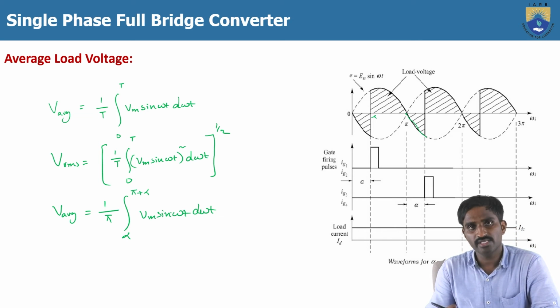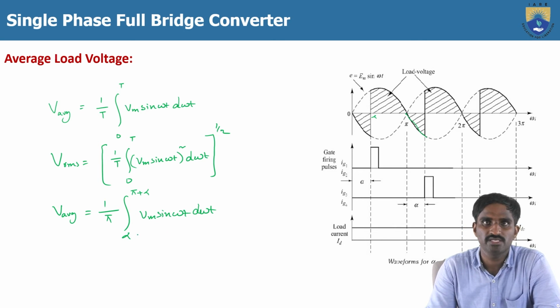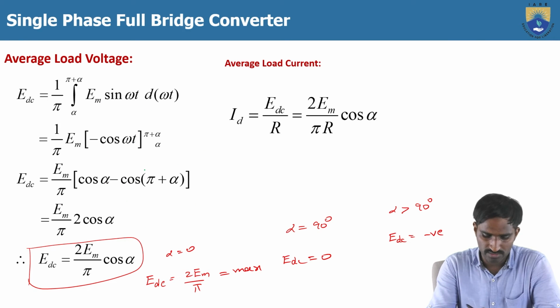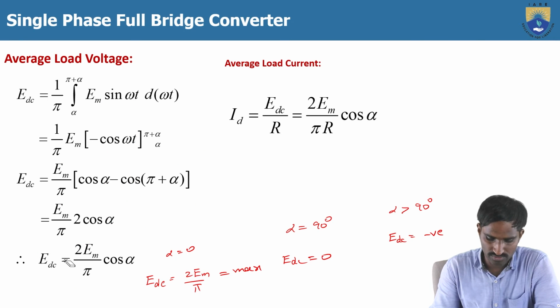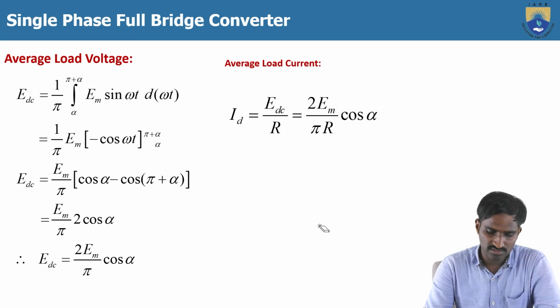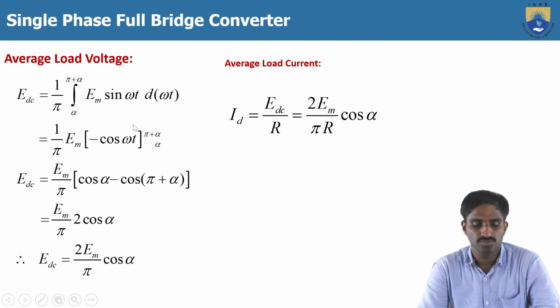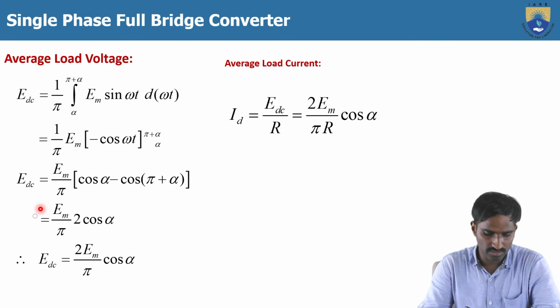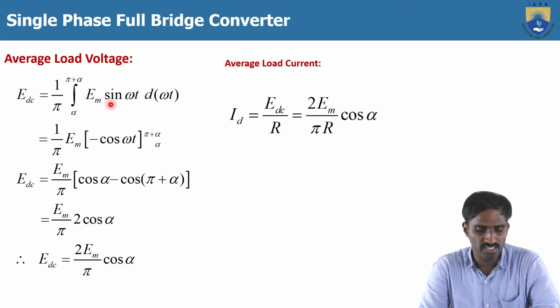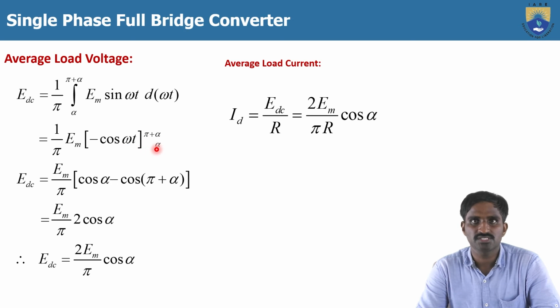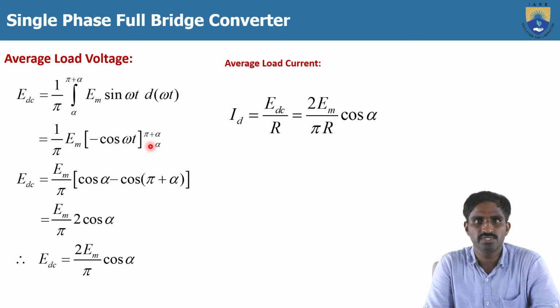Then the integral of sin omega T is minus cos omega T. Then you can just apply the integral limits. So now 1 by pi into integral alpha to pi plus alpha Em sin omega T into d omega T. Here the integral of sin omega T is minus cos omega T, and the limits are pi plus alpha to alpha. Then if you substitute these limits, it will become Em by pi into cos alpha minus cos pi plus alpha.